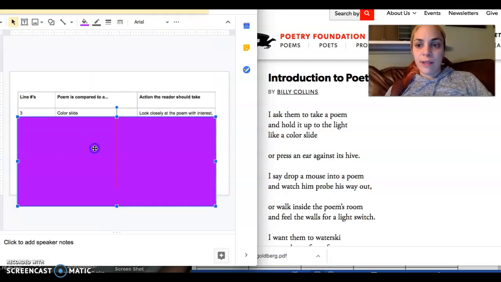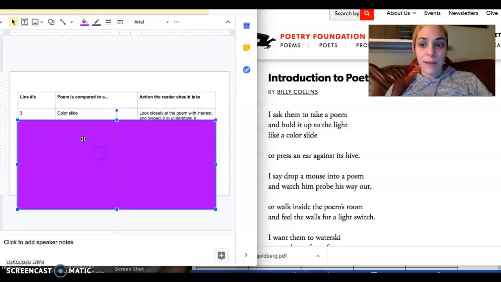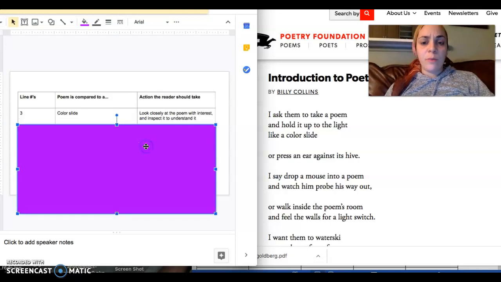So here we have line number 3. The poem is compared to a color slide. And how is that comparison? What action does the reader need to take? So Billy Collins is telling us, look closely at the poem with interest.